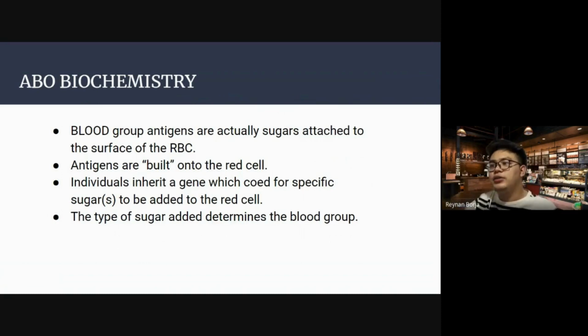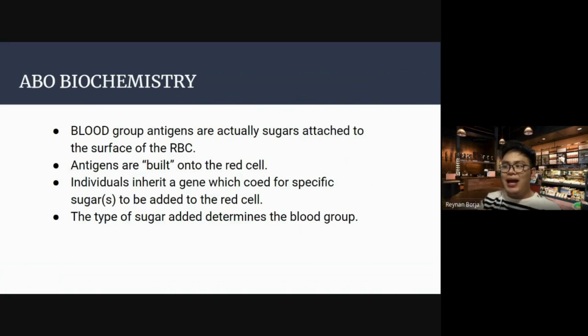Nag-ano na ba? Nag-sync na ba? Individuals inherit a gene which coded for specific sugar or sugars to be added to the RBCs. The type of sugar added determines the blood group. Ibig sabihin, meron tayong immunodominant sugar na present on each blood group or each antigen.